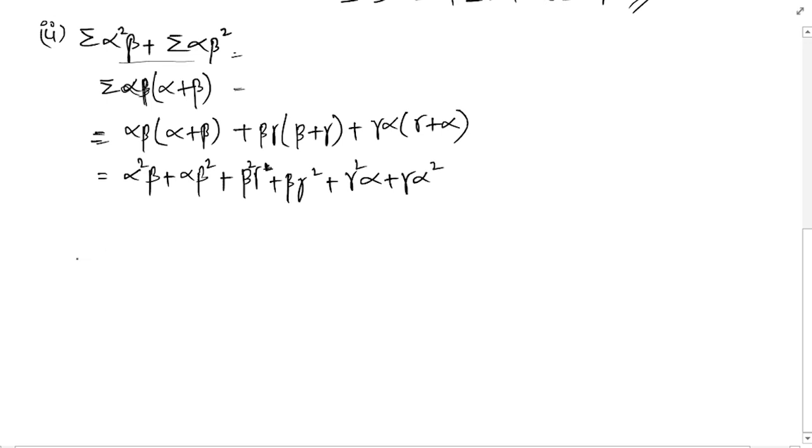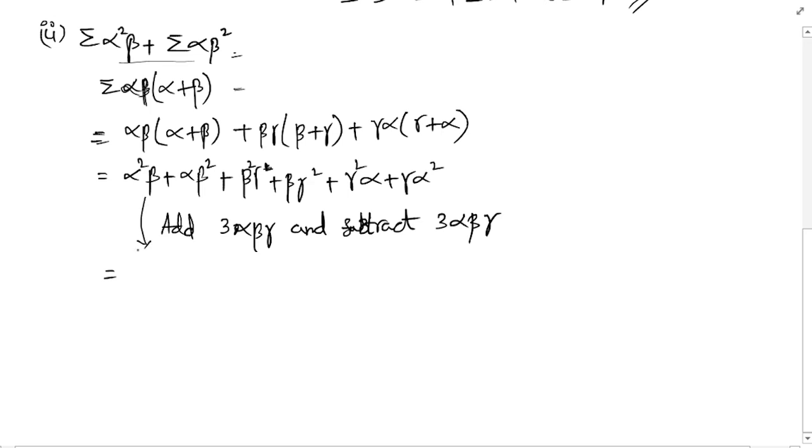So now what we'll do is add and subtract 3 alpha beta gamma.